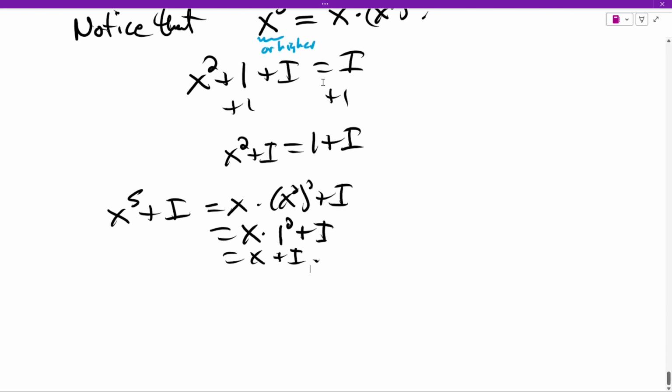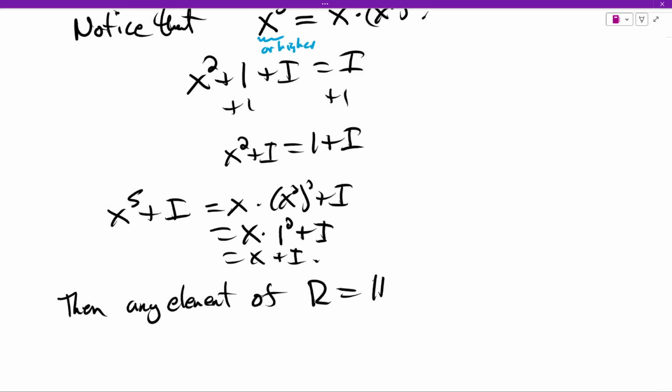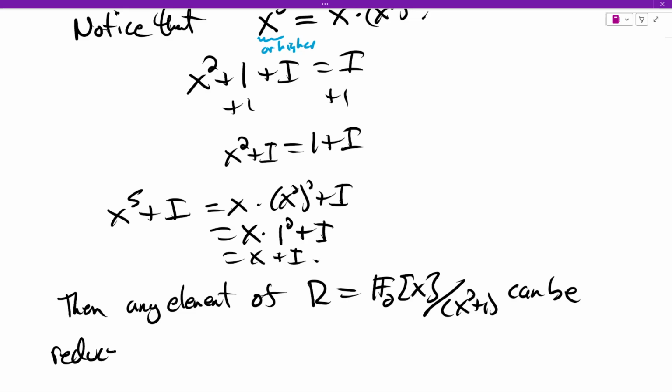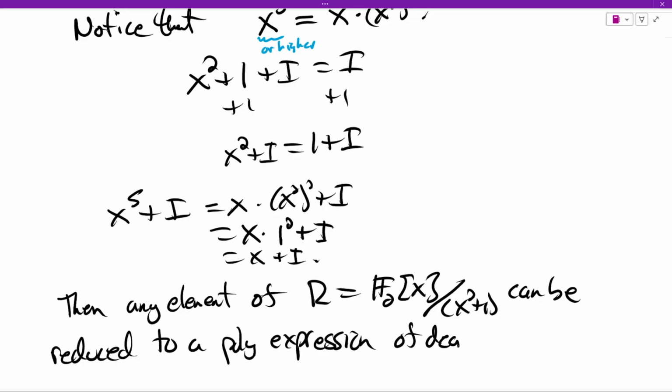So this means then any element, I'm just going to let R be the quotient, where we take F2 adjoin x, and we mod out by x squared plus 1, can be reduced to a polynomial expression of degree 1 or less.